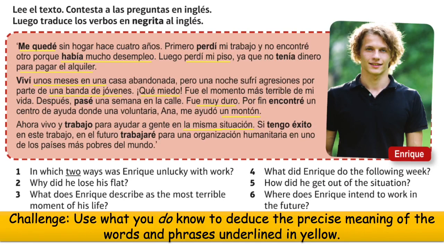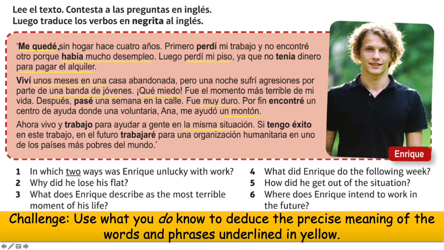So now we have this text. What I want you to do is to read it. Perhaps underline some sentences, some structures that are going to help you a little bit. For example, me quedé. You have learned me quedo, me quedé is like I stay.